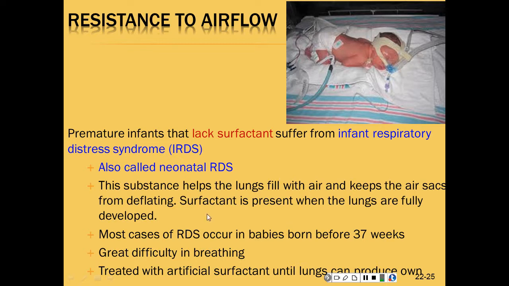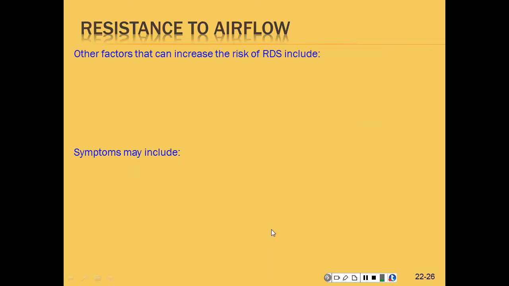And this substance helps the lungs fill with air and keeps the air sacs from deflating. Surfactant is present when the lungs are fully developed. Now, most cases of RDS occur in babies born before 37 weeks. They have great difficulty in breathing, and they're treated with artificial surfactants until lungs can produce their own.